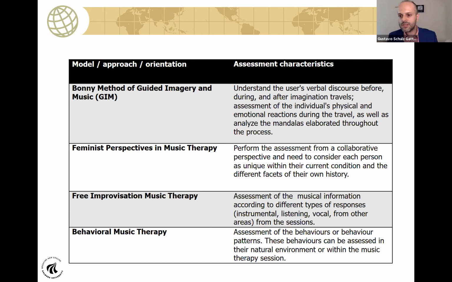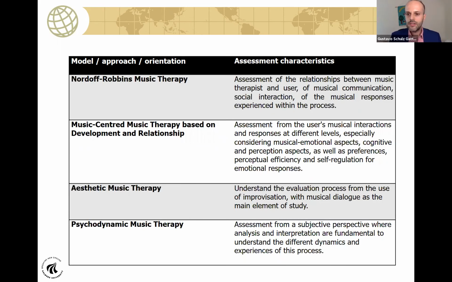These behaviors can be assessed in their natural environment or within the music therapy session. And in the Nordoff-Robbins music therapy model that we heard about in the previous presentation, we have the assessment of the relationships between the music therapist and the user, of musical communication, social interaction, and of the musical responses experienced within the process.